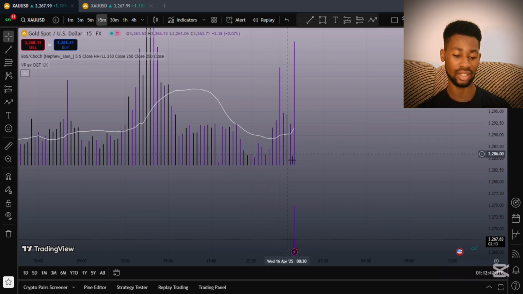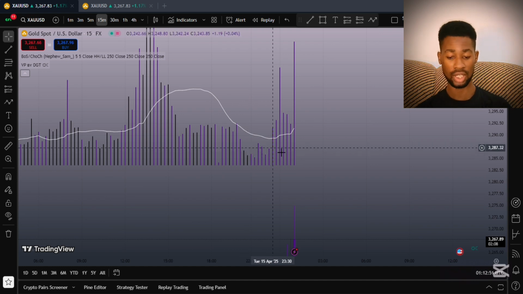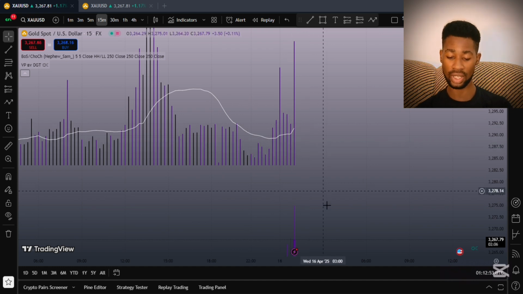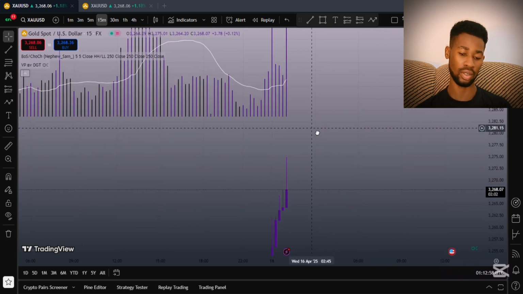There is no seller in control of the market. The last seller was so weak, and see how strong the buy volumes are. So if you want to take a trade at this point, you should be looking forward to taking longs. That's just the beauty of volume.